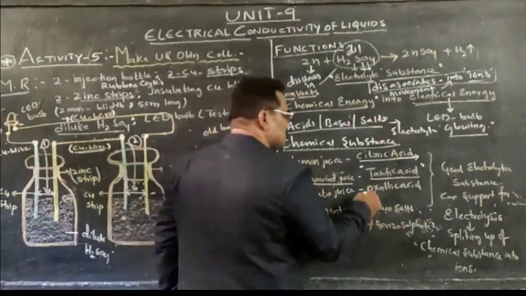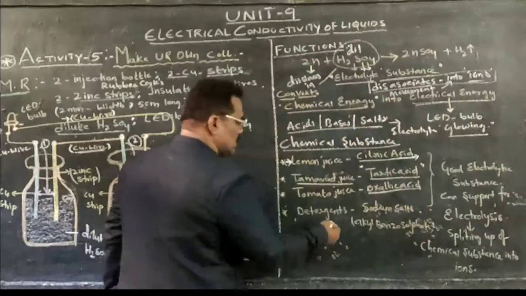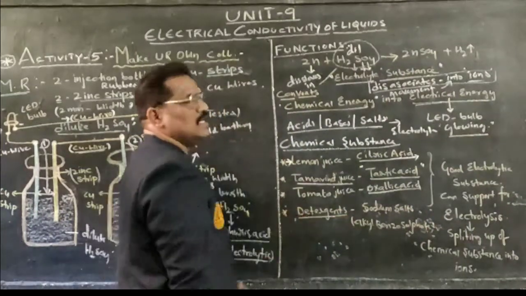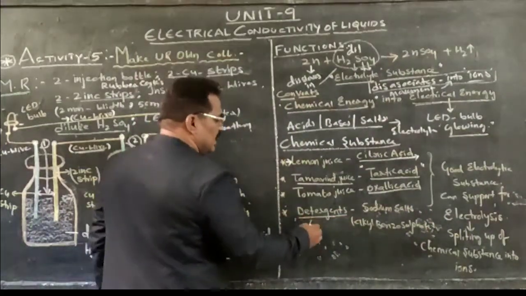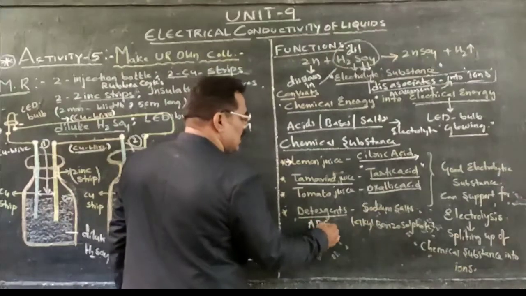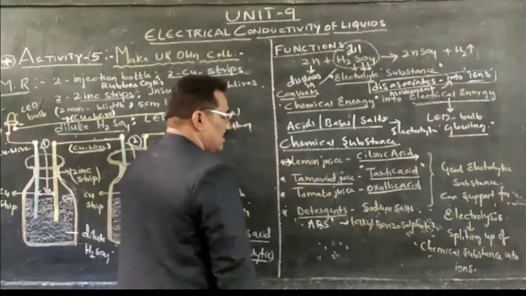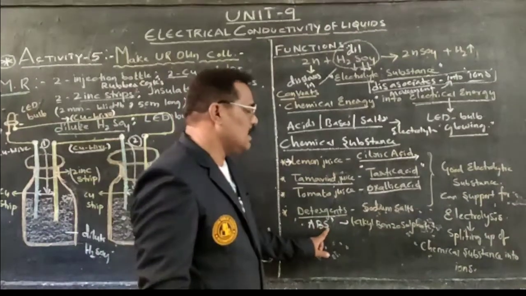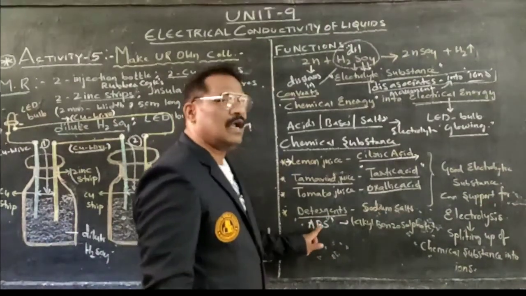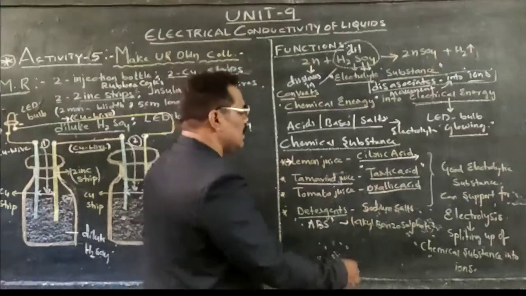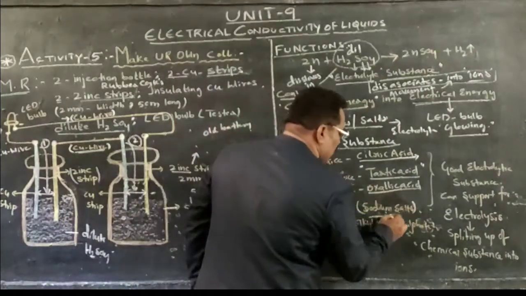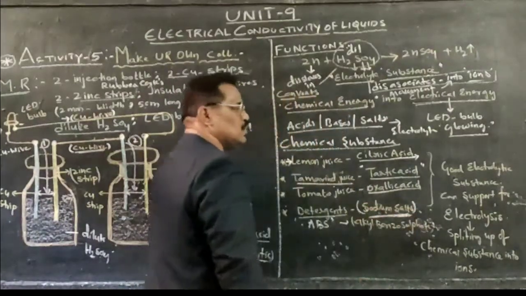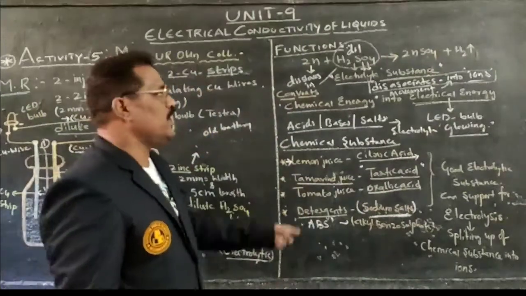It is also a good electrolytic substance. If you go for detergent consisting of ABS substance, A indicates alkyl, B indicates benzene, S indicates sulfonate. Therefore, alkyl benzene sulfonate substances are nothing but salts of sodium.